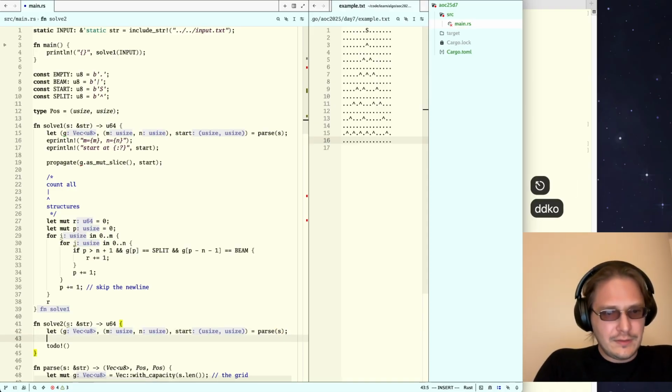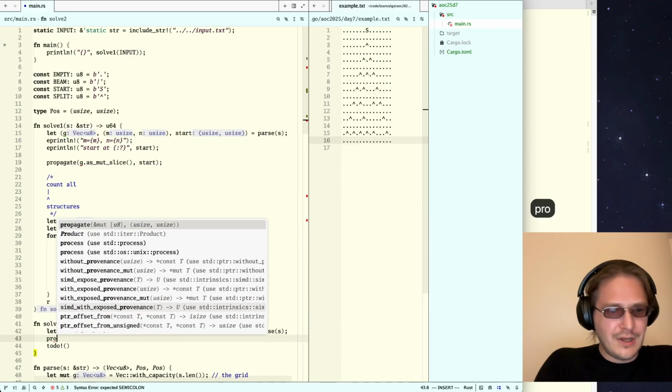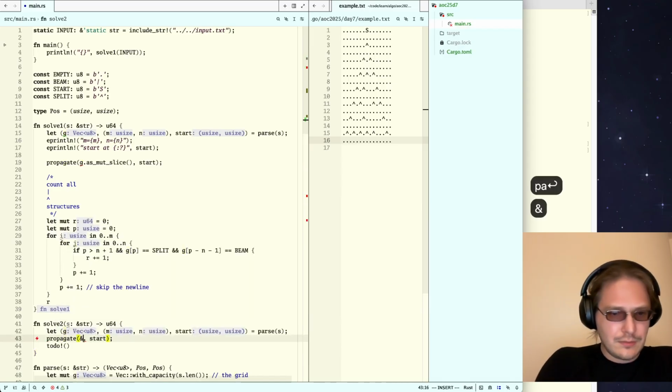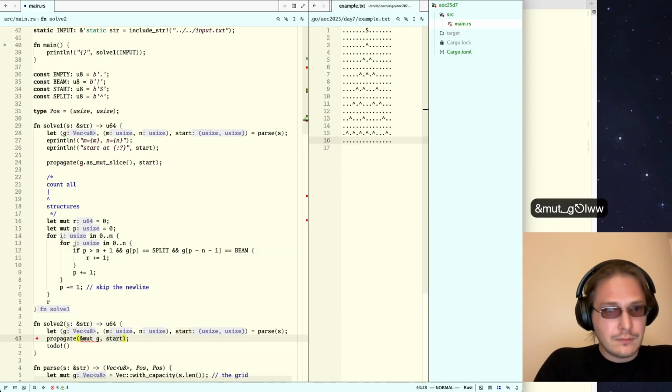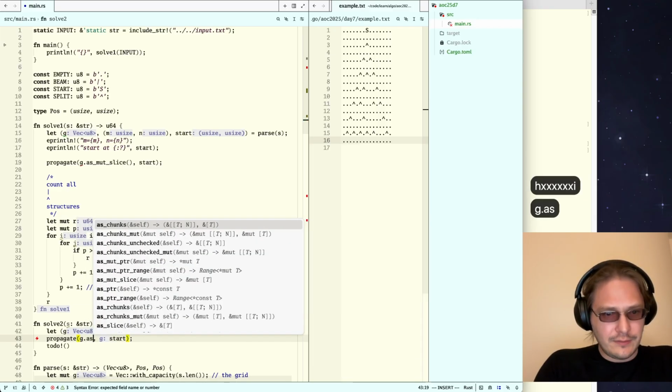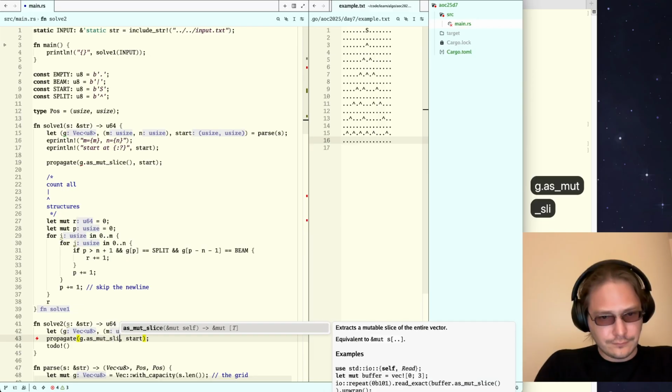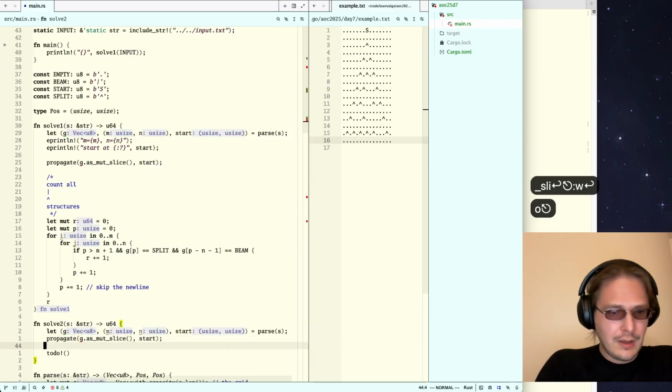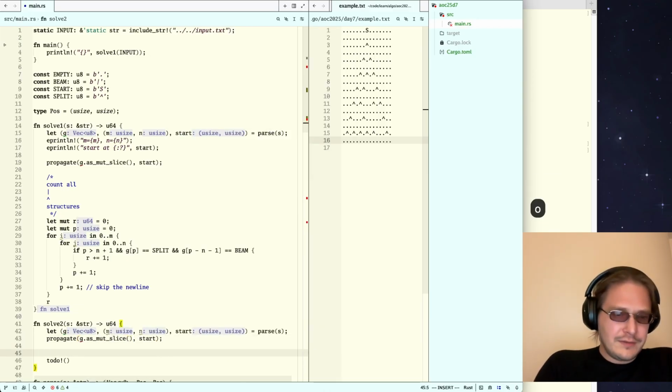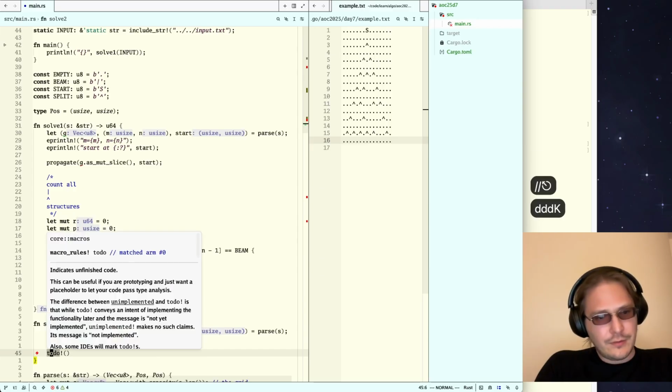Next thing is, let's propagate. Why does it not work as a slice? And then we are left with this nice to do. Now let's draw the rest of the owl.